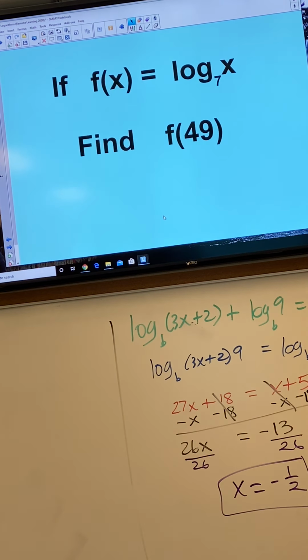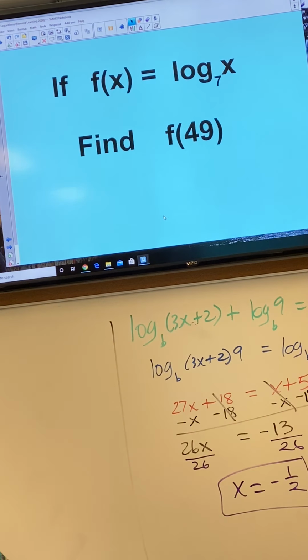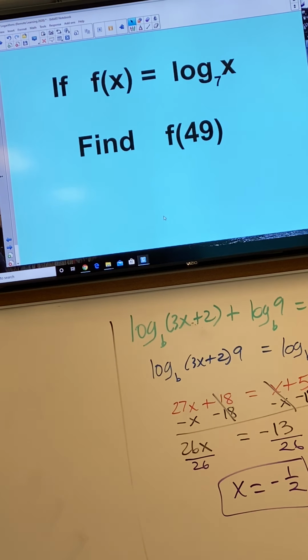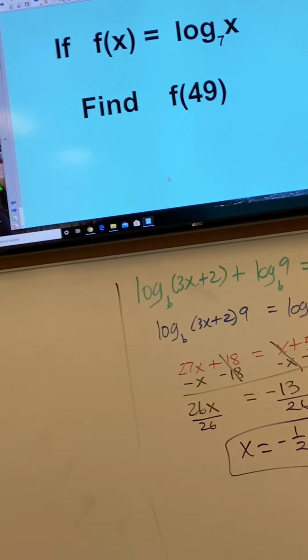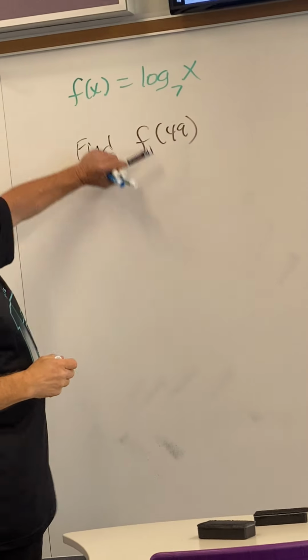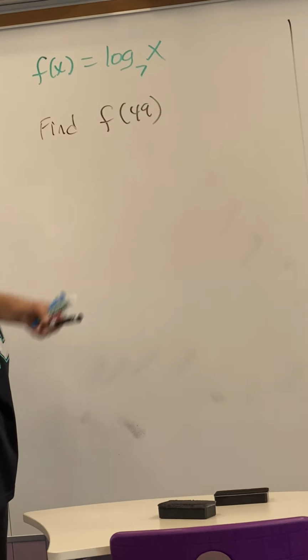There's a problem like this in the homework. If f of x is log base 7 of x, find f of 49. Now, what does f of 49 mean? It means you go to the function f, wherever you see an x, you replace it with 49.